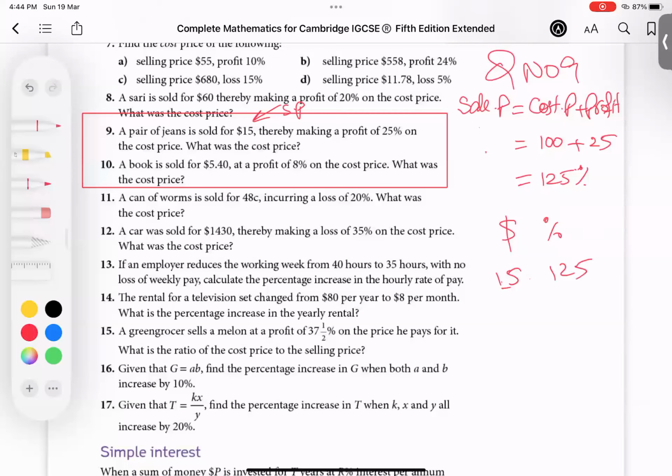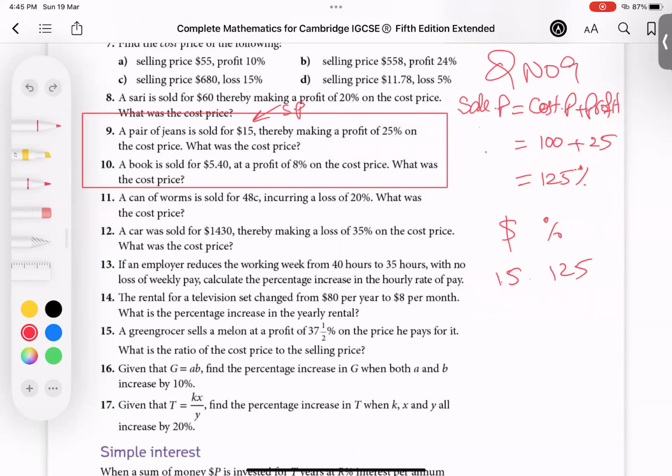Some students do not understand why I wrote 125 in front of 15, so I again try to justify the concept: because 25% profit is there, profit plus cost is 125, and that equals $15. And I'm looking for the cost price, and as you know, cost price is always 100.